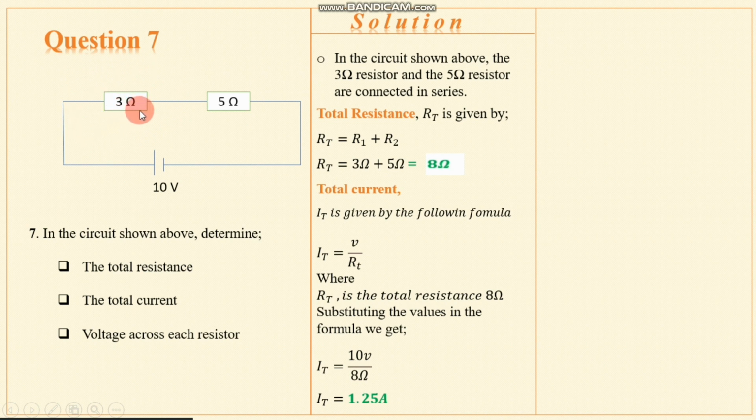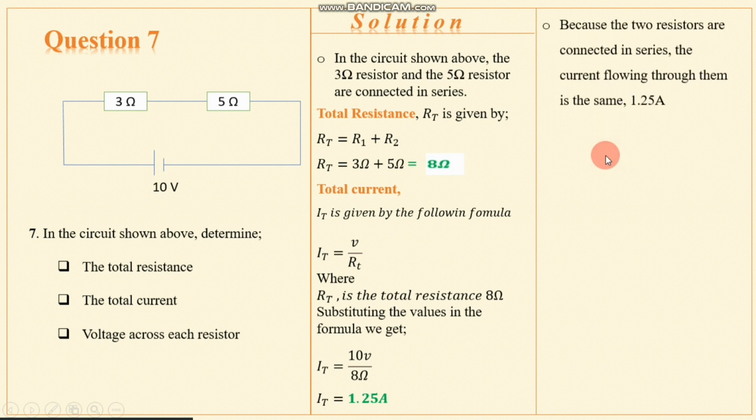So the 3 ohm resistor will have a different value of voltage across it, and the 5 ohm will have the remaining portion of voltage. Because the two resistors are connected in series, the current flowing through them is the same, that is 1.25 amperes.